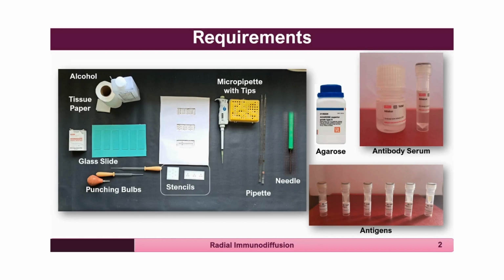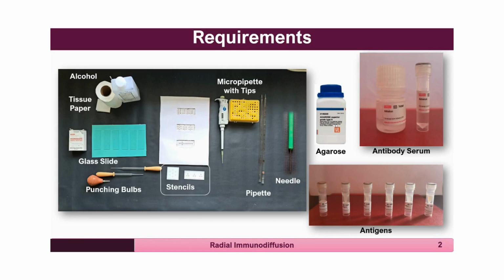You may require a pipette, and the pipette can be used also for loading the agarose gel on the microscope slide. And sometimes when you punch the wells, the agarose may not come out properly. In that case, you will need a needle to remove that agarose, which will be demonstrated later.